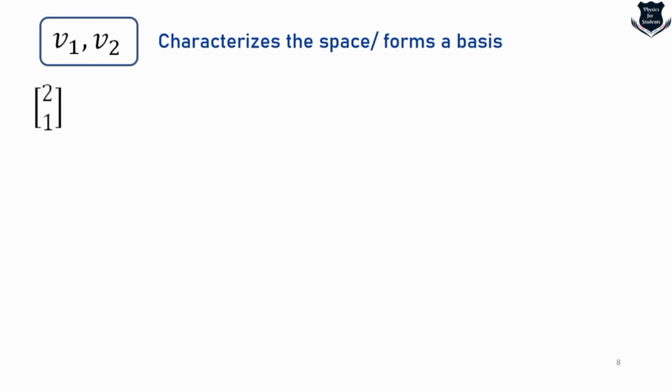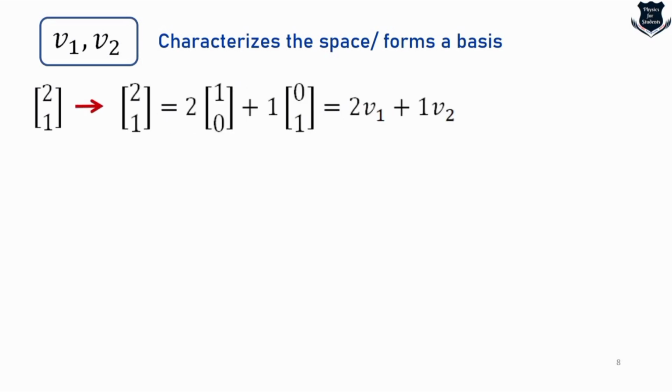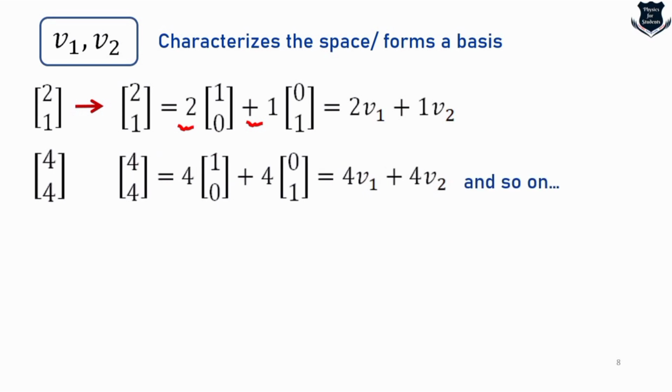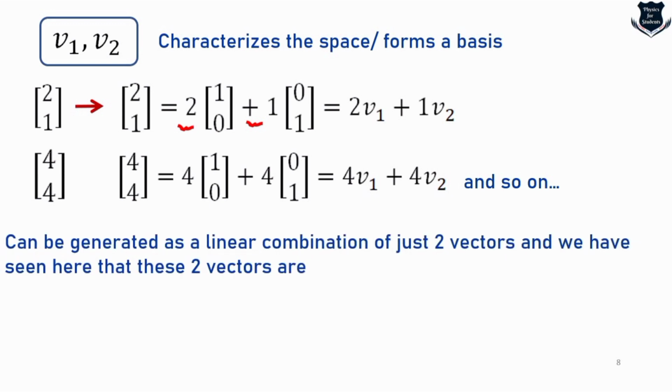For example, if I want to write 2, 1, it can be written as a linear combination of these, where the red ones, 2 and 1, are the scalar multiples, and for 4, 4 I use the same basis vectors. So the vector 1, 0 and the vector 0, 1, with scalar multiples 2 and 1, work in similar fashion.